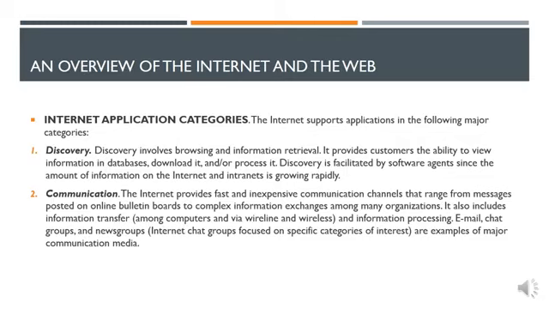It also includes information transfer among computers via wireline and wireless, and information processing. Email, chat groups, and news groups, which are internet chat groups focused on specific categories of topics or interests, are examples of major communication media.